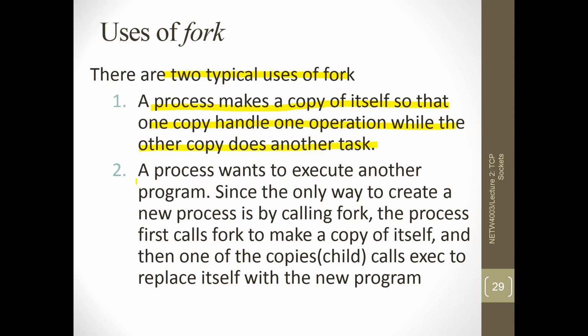Another usage is when a process wants to execute another program. Since the only way to create a new process is by calling fork, the process first calls fork to make a copy of itself, and then one of the copies, the child, calls exec to replace itself with the new program.